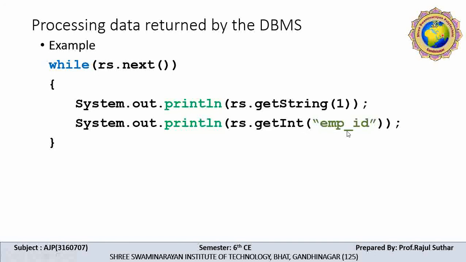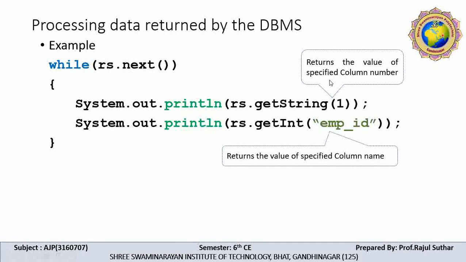We require the information from EMP ID, so in the brackets EMP ID, then the closing bracket and semicolon. It returns the value of the specific column number. The first column number is used, and EMP ID is written as the value of the specific column name.